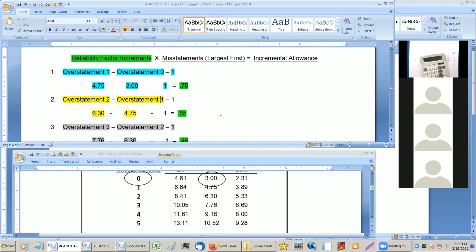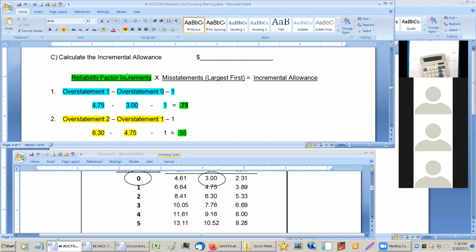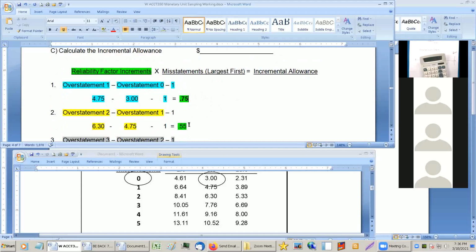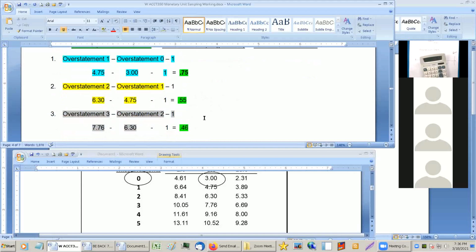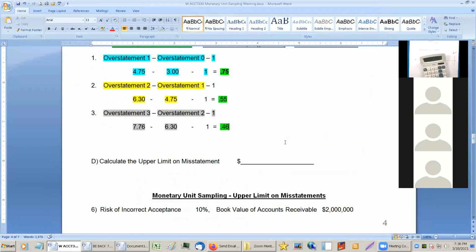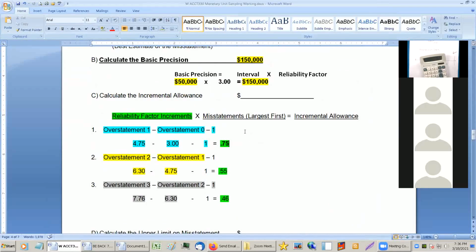Okay, so we find the reliability factor increment. So we just did here. This is 1.75, 1.55. Okay, I'm going to get rid of this table now. Thankfully, we're done with that. Okay, so now you multiply by the misstatements, largest first.